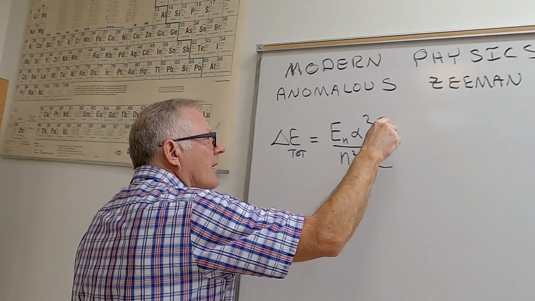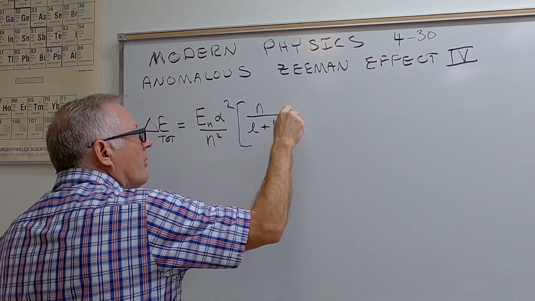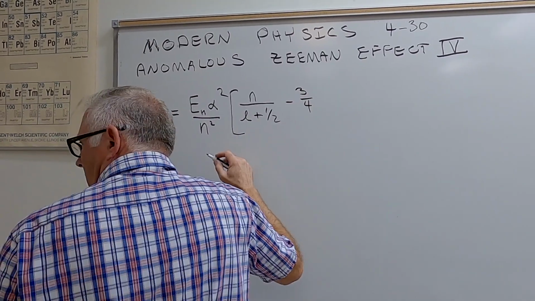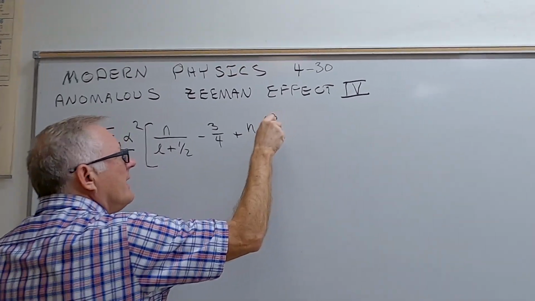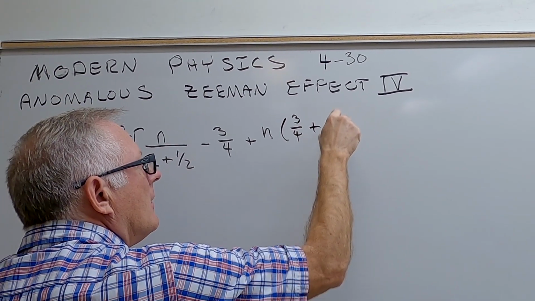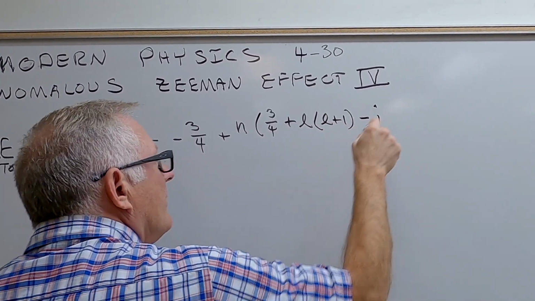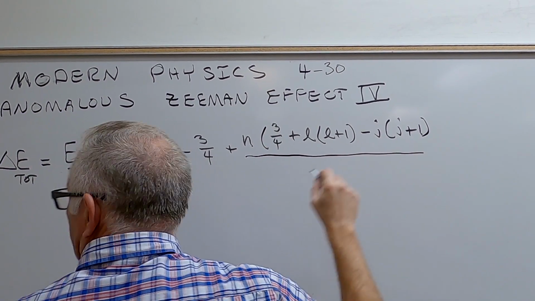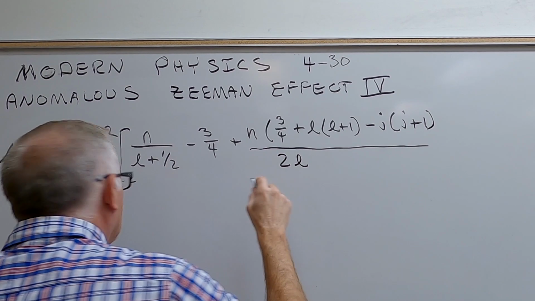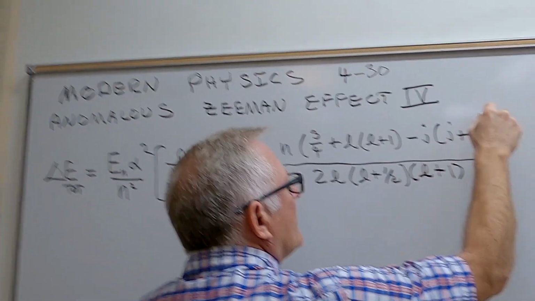And then maybe I'll put this term first, minus that term, n all over L plus a half, minus 3/4, plus n times (3/4 plus L times L plus 1, minus J times J plus 1) all over 2L times L plus a half times L plus 1. So there would be the total change.